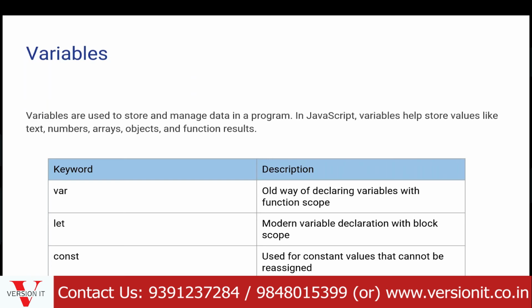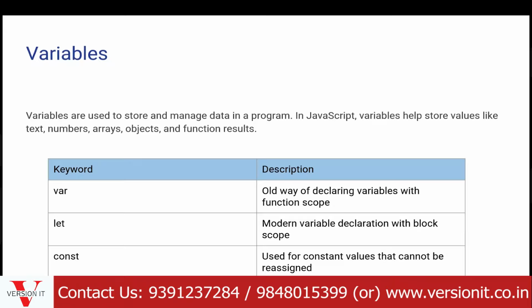Later in the program, I cannot say employee ID equal to 2, because employee ID is something constant, mapped to one particular employee, right? So we cannot just reassign this value to something else. In those cases where you feel this value should not be reassigned to a new value, we can use constants.